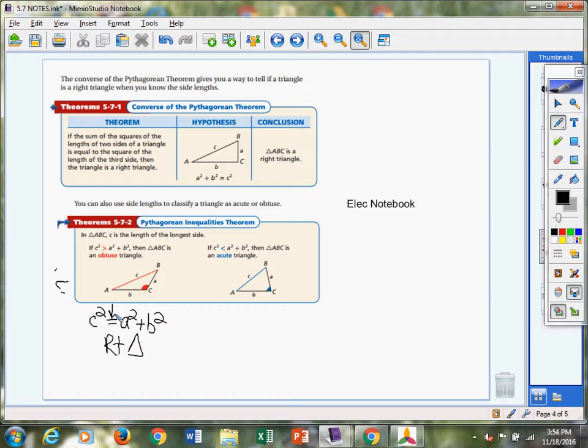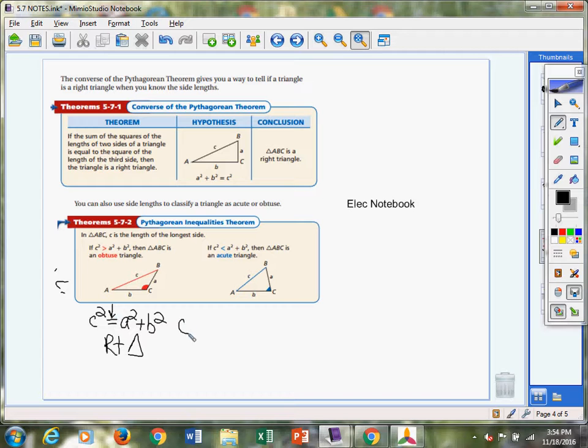If the square of the hypotenuse equals the squares of the legs added together, then here's where we can kick it up a notch. We can actually determine if we're dealing with an obtuse triangle or an acute triangle using the Pythagorean inequalities theorem. And so here's the first one.